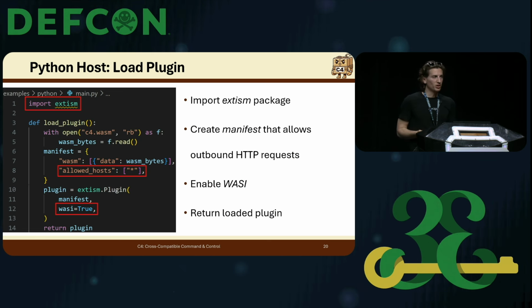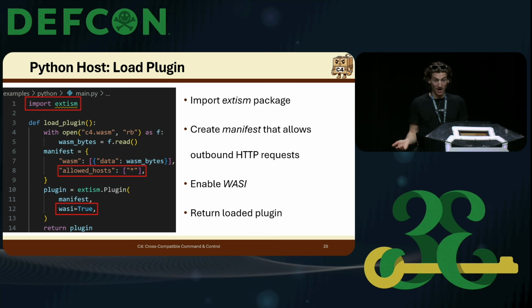So here's an example of actually taking a plugin and using it in Python. For Python, to actually get this WASM or WebAssembly runtime, it's just as simple as pip install extism. I'm sure the Python developers are familiar with that.